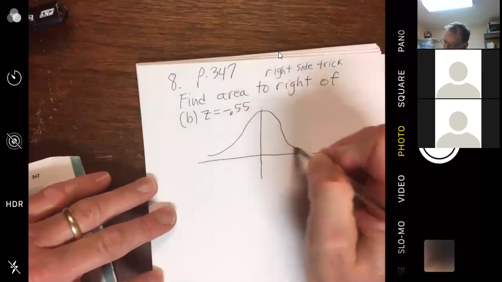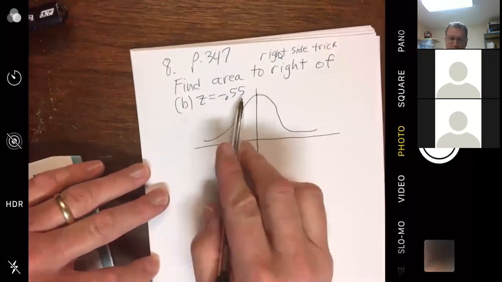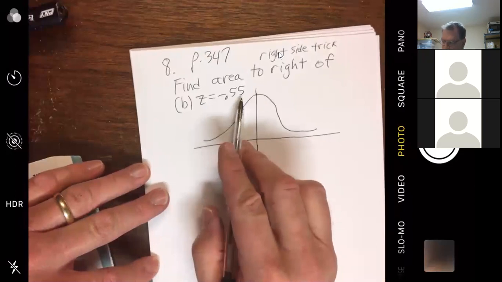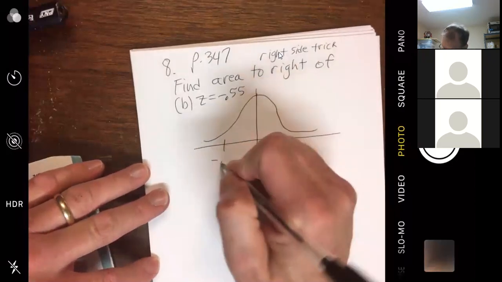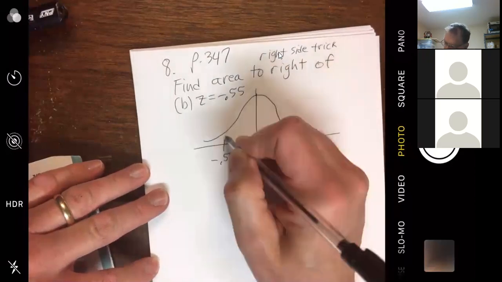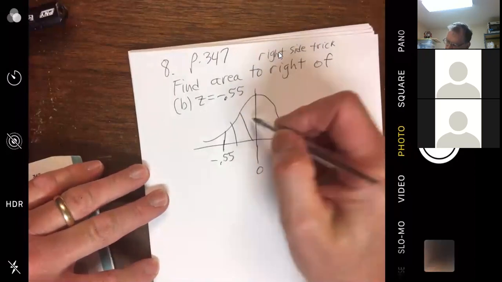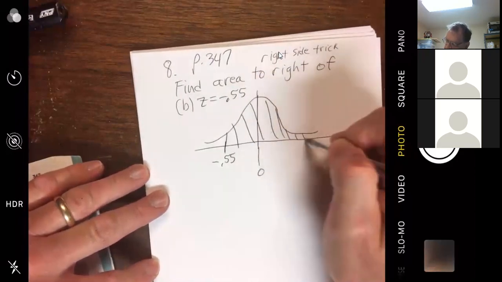Remember that's 0, which side will negative 0.55 be? The left. Yep, over here. And you want to shade to the right of that. That's all of this.